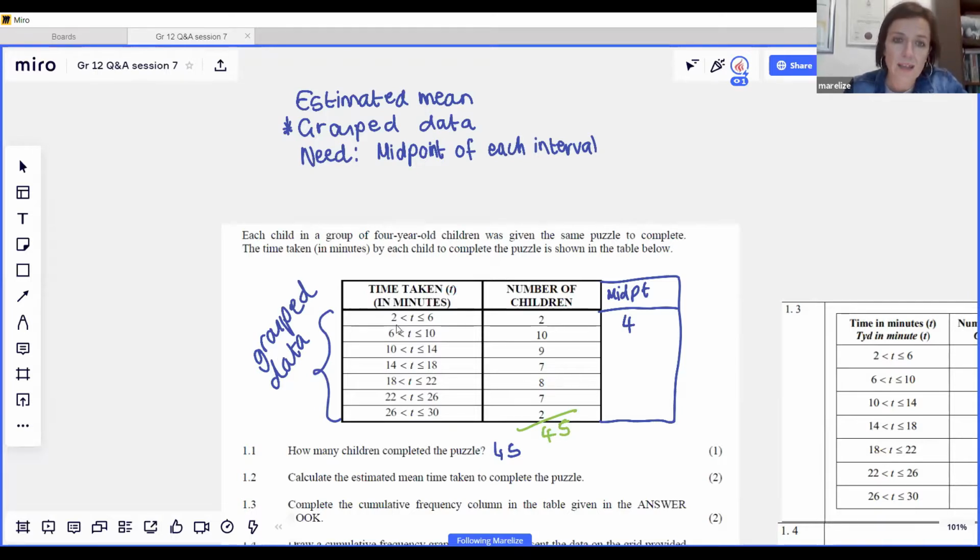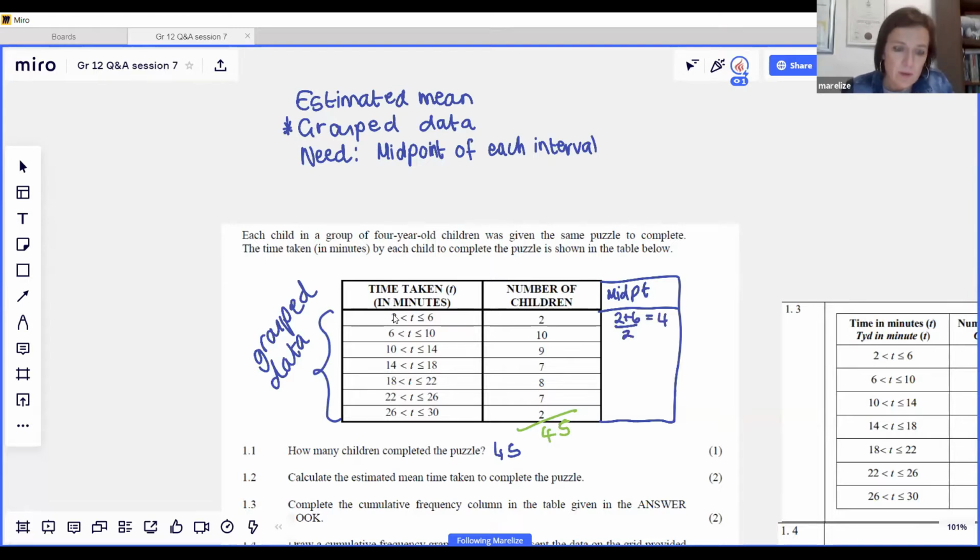The midpoint we get, listen carefully, by using the boundaries of the interval. So for the time taken between 2 and 6 minutes, we take 2 plus 6, that's 8, divided by 2 gives me 4. That's how you calculate the midpoint of the interval.